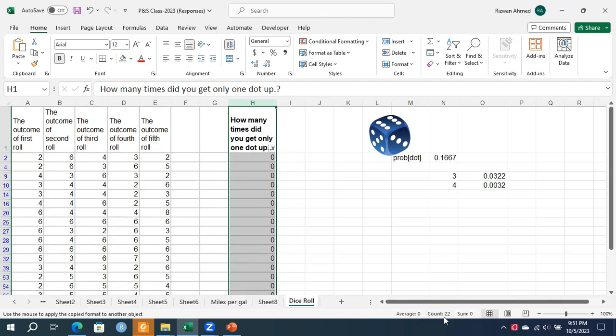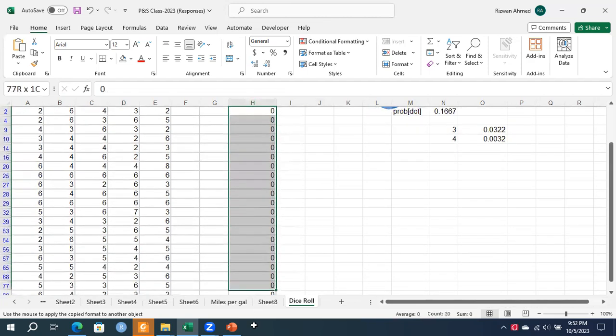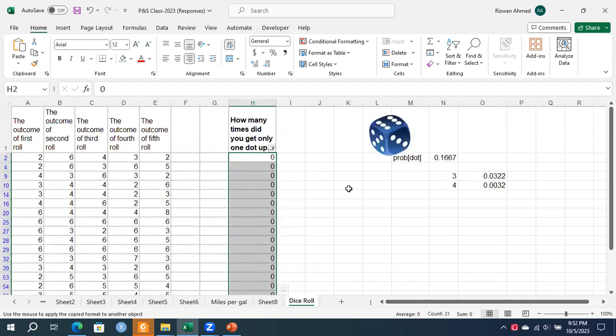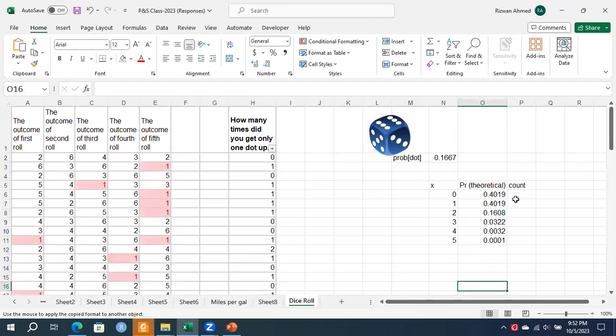So the count is 22, and I think it is 21. Yes, I am right. The count is 21. The by default counting includes this selected cell as well. So let's remove the filter. So we have got the count for zero outcomes as 21.